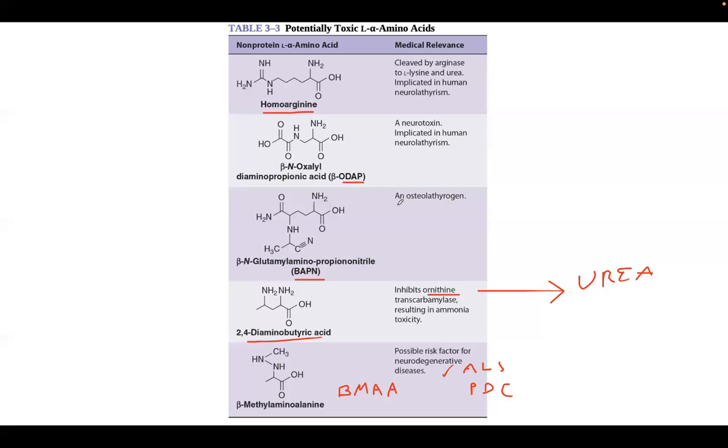Now, the BAPN is an osteolathyrogen, meaning it affects the bones, so we have here the prefix osteo. ODAP is associated with neurolathyrism, and homoarginine is also associated with neurolathyrism. So one more time, what are the 5 potentially toxic L-alpha amino acids? Homoarginine, ODAP, BAPN, BMAA, and diaminobutyric acid.